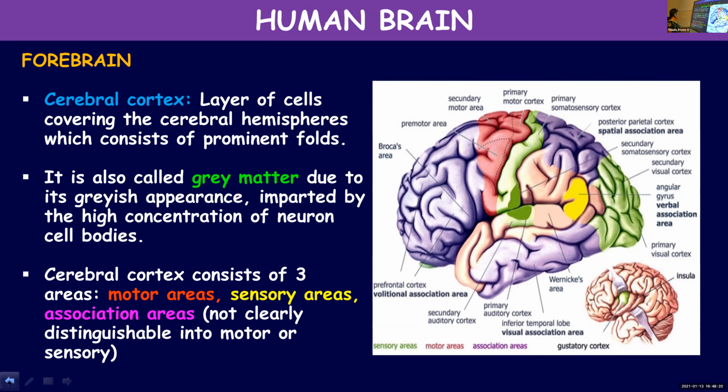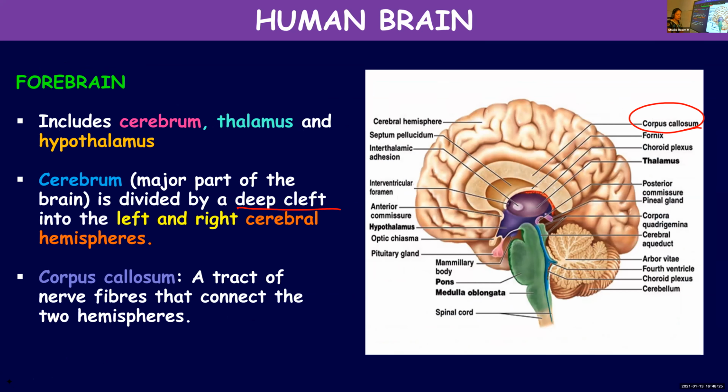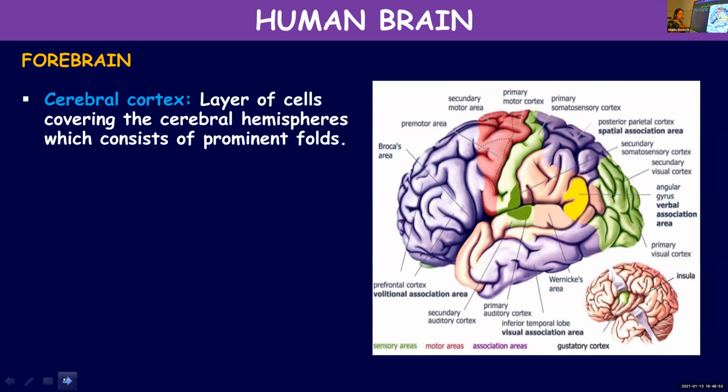So once again, we'll repeat all the points we discussed about forebrain. I told you that forebrain consists of thalamus, hypothalamus, and cerebrum. And cerebrum is divided into right and left hemispheres by means of a deep cleft, and a tract of nerve fibers keeps these two hemispheres interconnected. You call it corpus callosum. Then we learned about cerebral cortex. It is the outermost region.